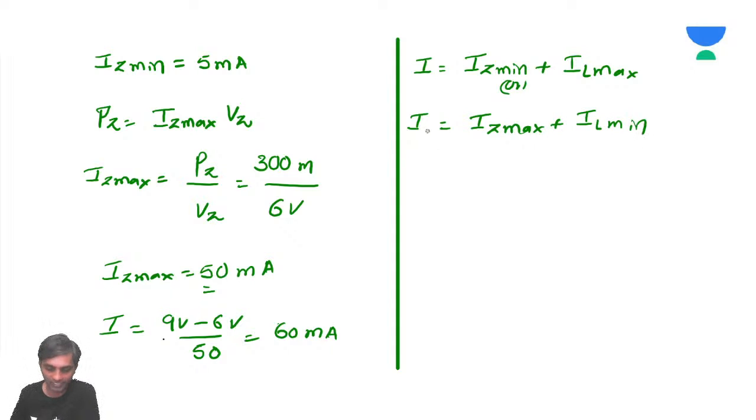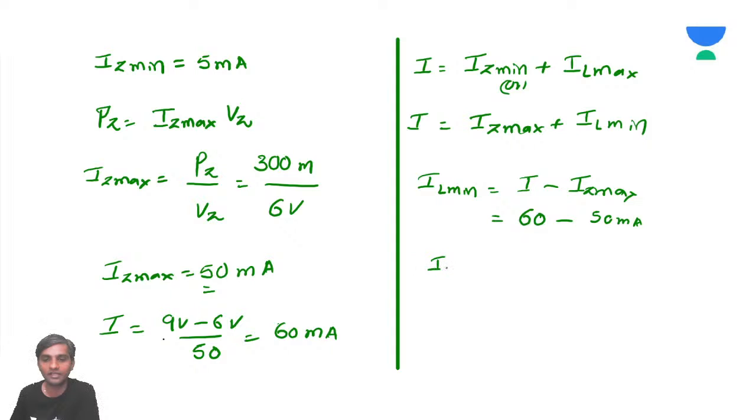If you want to calculate IL minimum, it is going to be I minus IZ maximum. How much is I? I got 60. What is IZ maximum? You got 50 milliamps. So total IL minimum is going to be 10 milliamps.